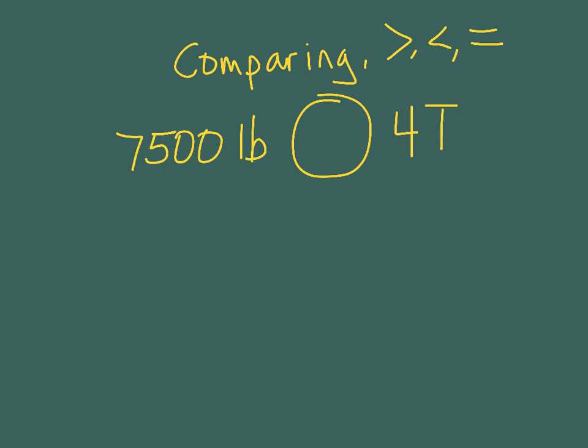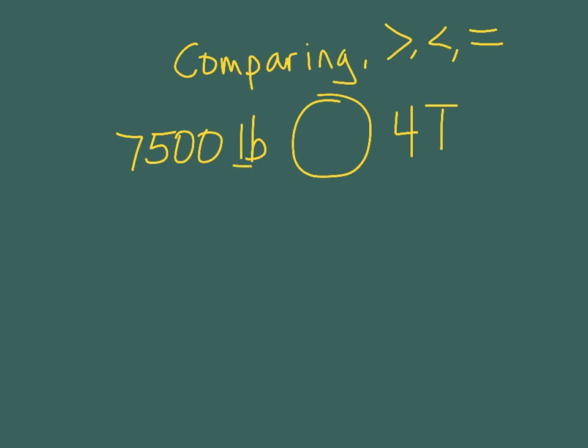Okay, I just want to show you one more thing before I let you get to your independent practice. I just wanted to share with you about comparing. Remember, they're asking us to choose either greater than, less than, or equal to, and we need to choose one unit of measure. So the trick with comparing units of measure, especially for weight, remember we're talking about how heavy something is, is that we've got to pick one unit.